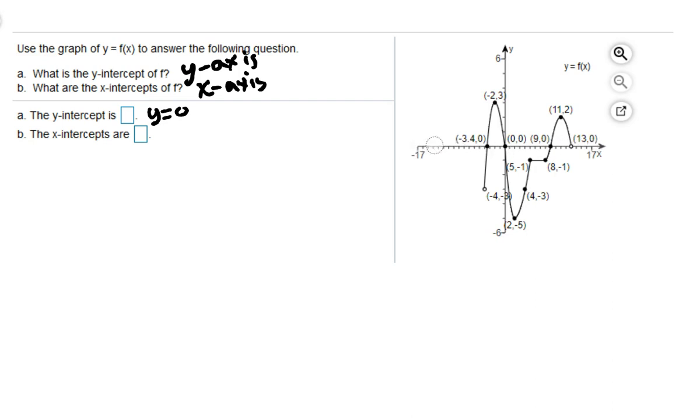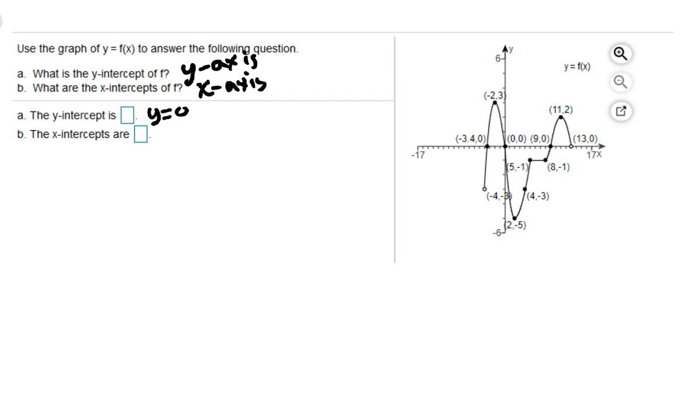So the x-axis is this horizontal axis here. And I notice that the graph, if I follow the graph, crosses that x-axis here at negative 3.4. The graph then crosses the x-axis again here at 0, 0. And it crosses again at 9, 0. And if we continue on, even though we have this dot here, this dot is drawn as open, so that's not part of the graph.